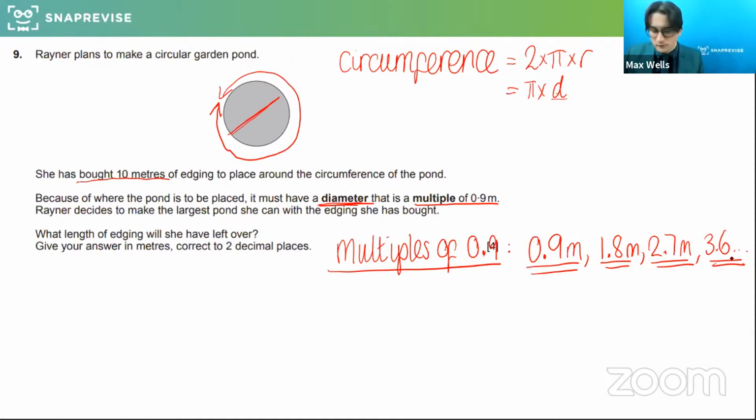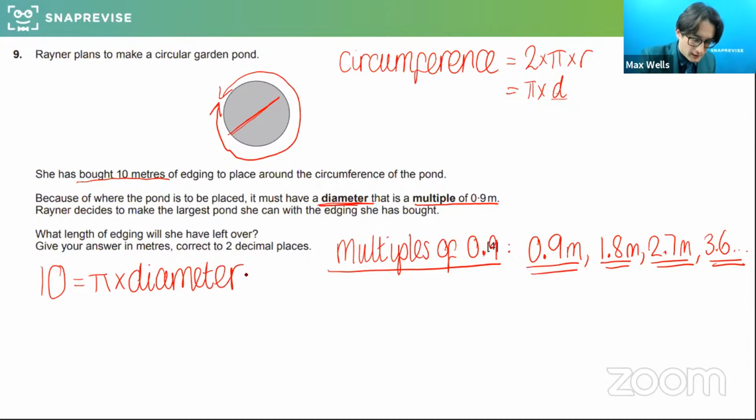So what we've got is a maximum circumference of 10, and I know that the circumference equals pi times the diameter, so let's work out the maximum diameter.